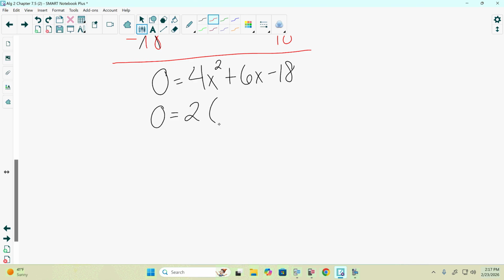It is the biggest number we can divide all 3 into. If I divide 2 out of our 4x squared, 4 divided by 2 is 2, and we still have our x squared term. Plus 6 divided by 2 is 3, and we still have our x. Minus 18 divided by 2 is 9.